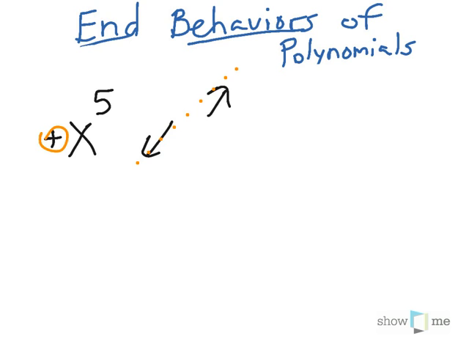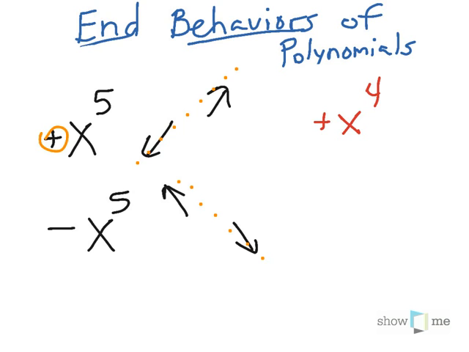Now what if I were to have negative something x to the fifth? How would that change this? Well, they'd still be going opposite directions, but now it's going to be kind of a negative slope, like a line. Let's go back to our evens. If we had positive something x to the fourth, doesn't matter how big that number is, we're going to have ends that are pointing the same direction no matter what happens in between, but they're going to be pointing in the positive direction.